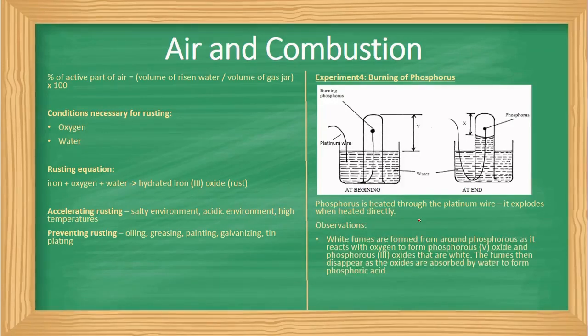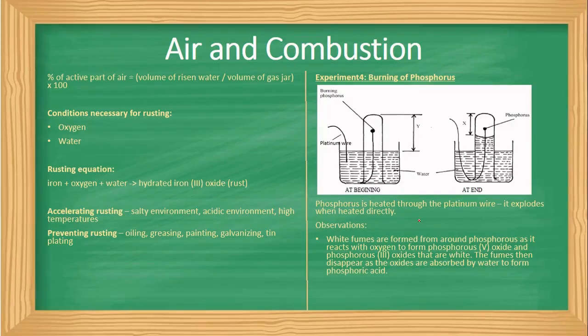The observation after some time of heating is that white fumes will be formed around phosphorus as phosphorus reacts with oxygen on heating. This results in formation of phosphorus 5 oxide and phosphorus 3 oxide that are white in color. That's why the white fumes will be formed inside the gas jar from around where phosphorus is.